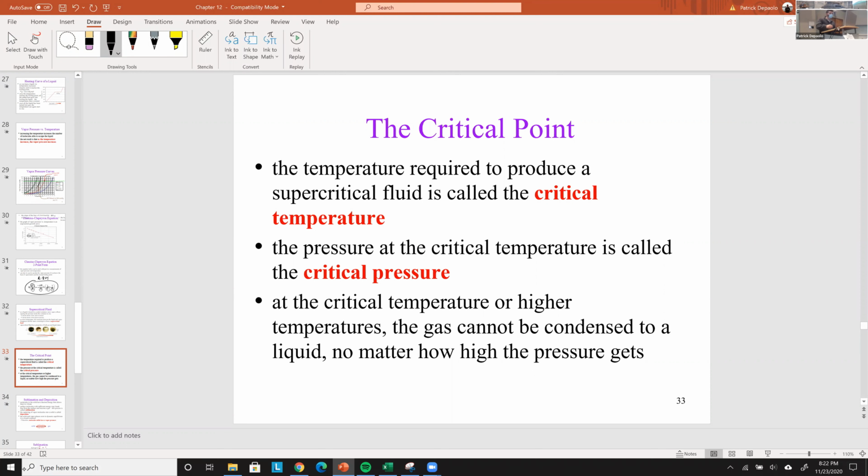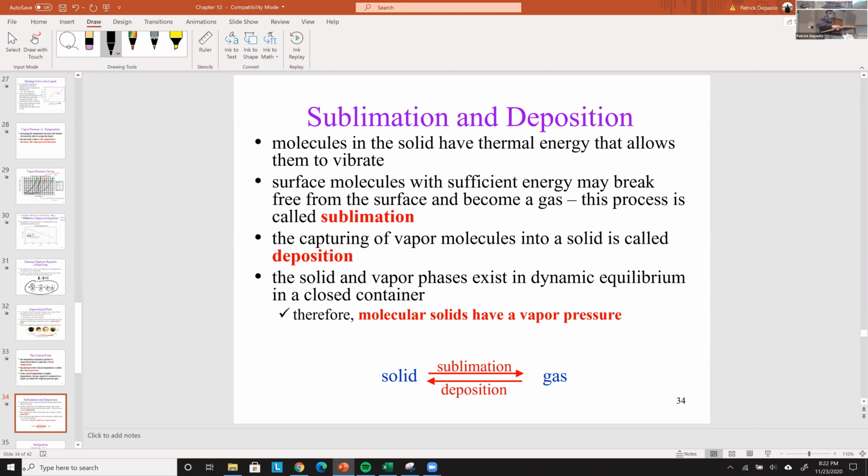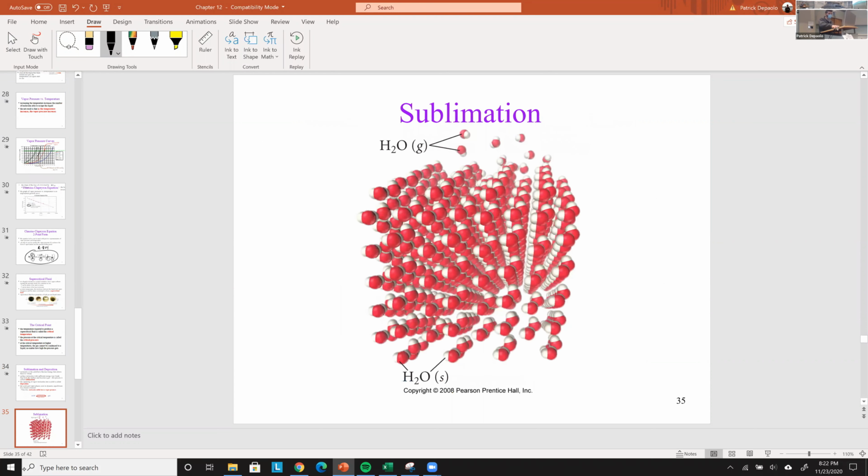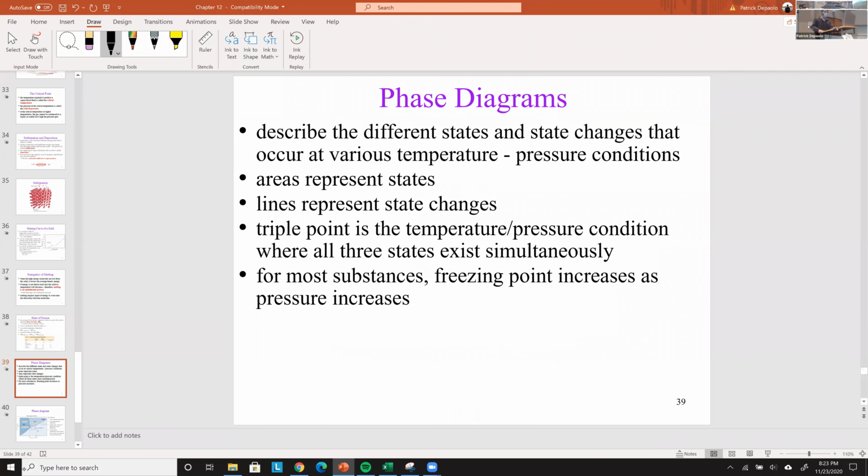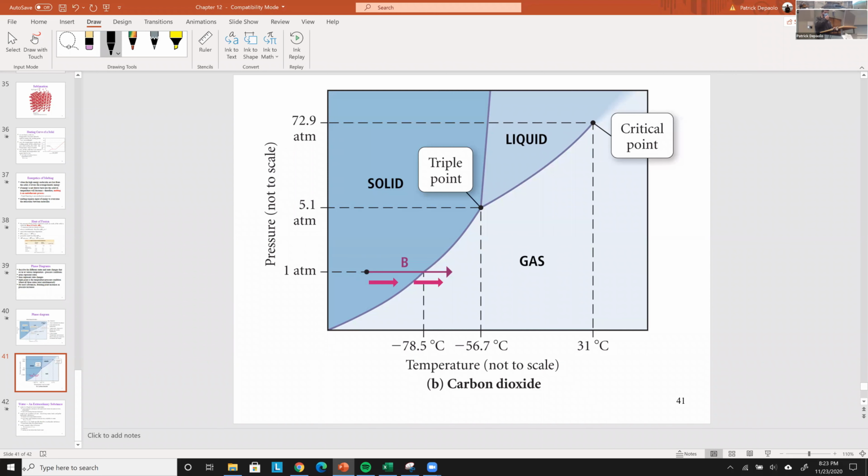And there's a critical point on the graphs. So here's what a normal phase diagram looks like, and here's the critical point.